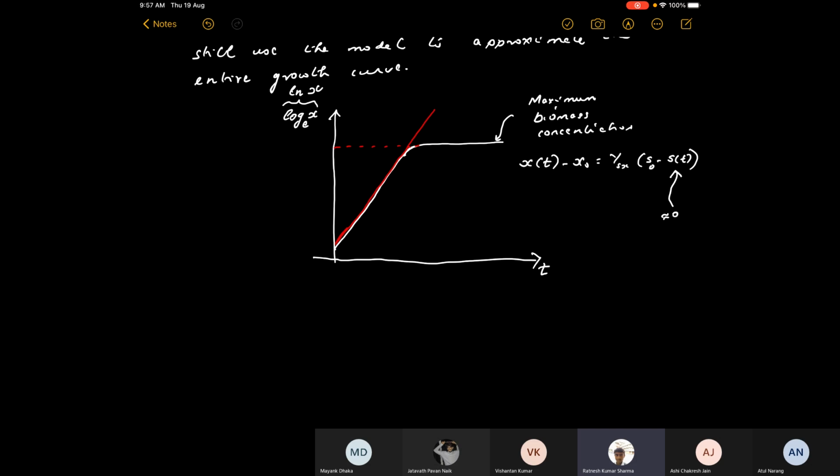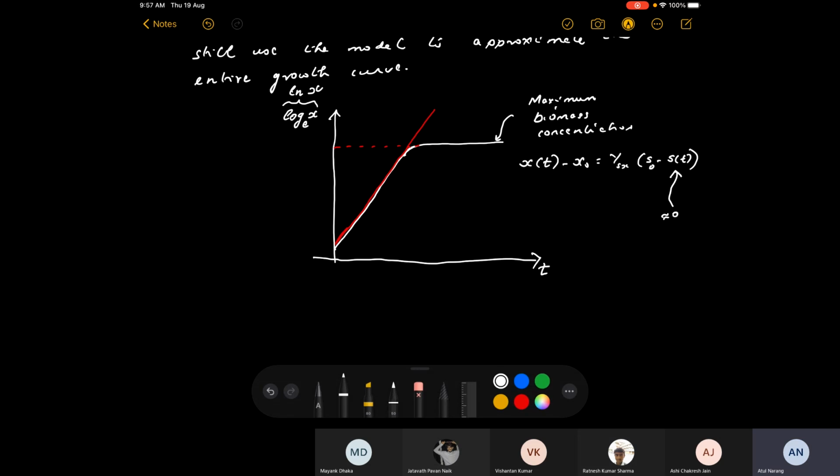I actually drew a picture and showed you that if this is the profile of X, the profile of the substrate is like this. This corresponds precisely to the point where the substrate concentration becomes vanishingly small. That's what I pointed out to you.